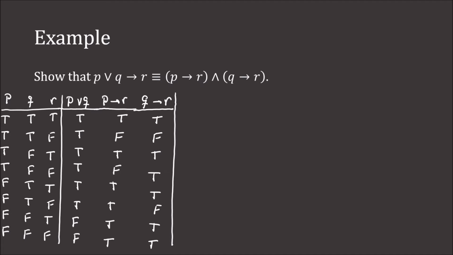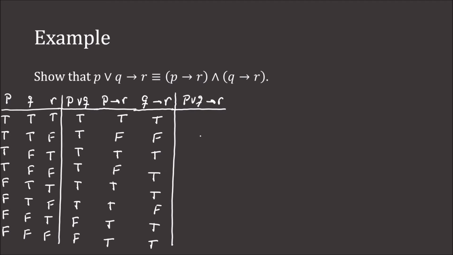Now let's create a column for the left-hand side, P or Q implies R. Here we're going to look at column 4 as our hypothesis and column 3 as our conclusion.